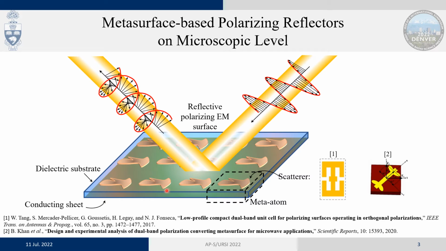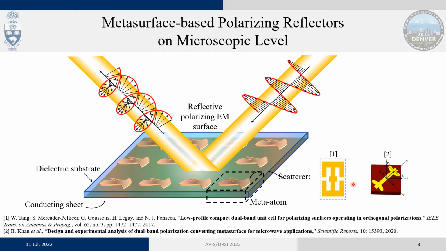Now the scatterer is the most important factor in the design of this polarizing surface. It is judiciously designed so that it would decompose the incoming linear polarization into two orthogonal linear polarization but with different phase responses. As an instance, you can see two examples of these scatterers here.